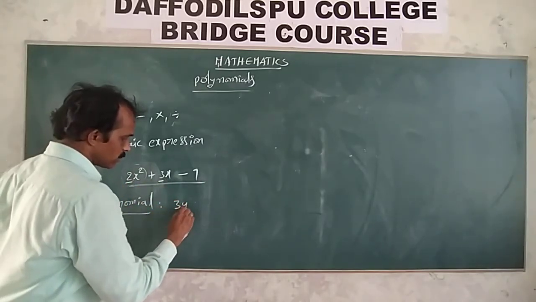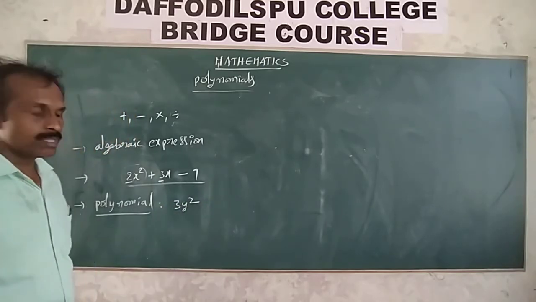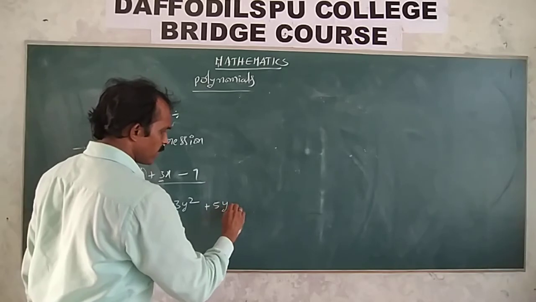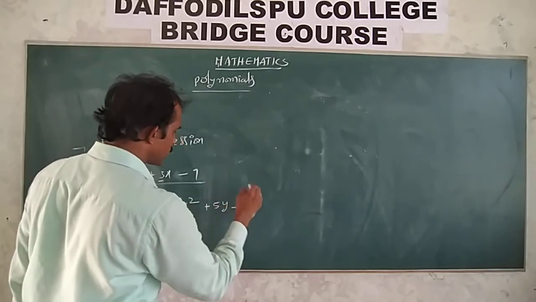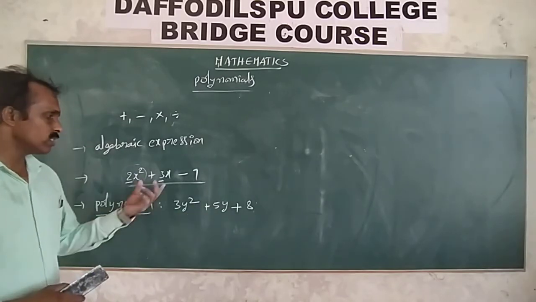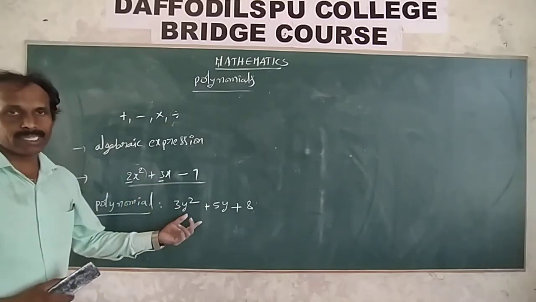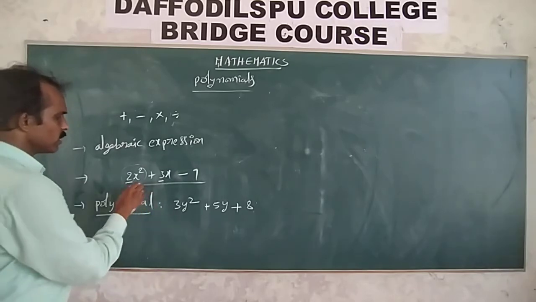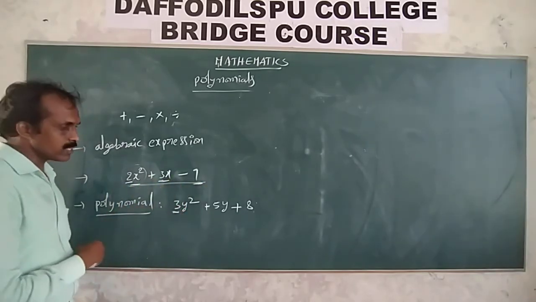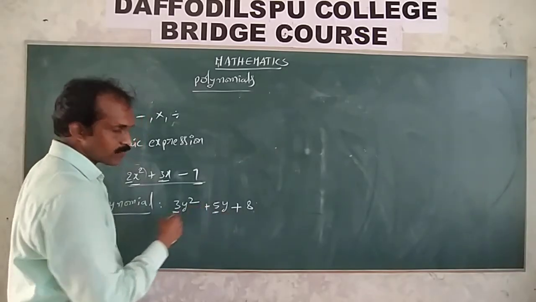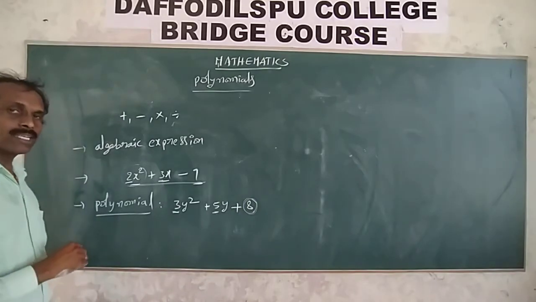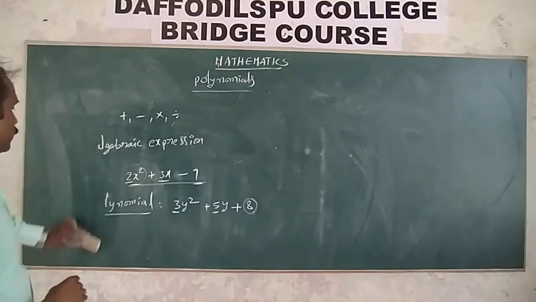Like that, 3y square plus 5y plus 8 is a polynomial in terms of y. These are called terms, the y square coefficient is 3 and the y coefficient is 5, and here 8 is called a constant.